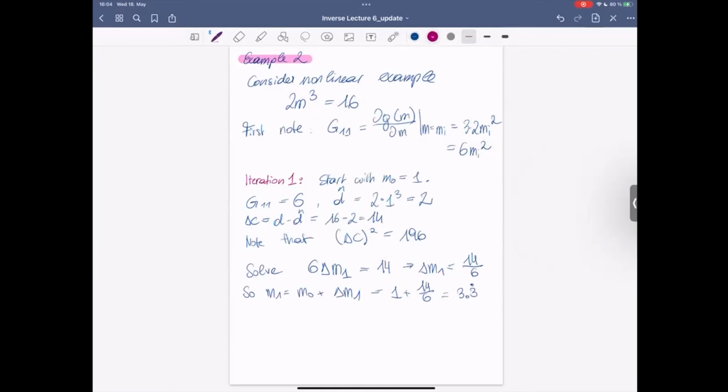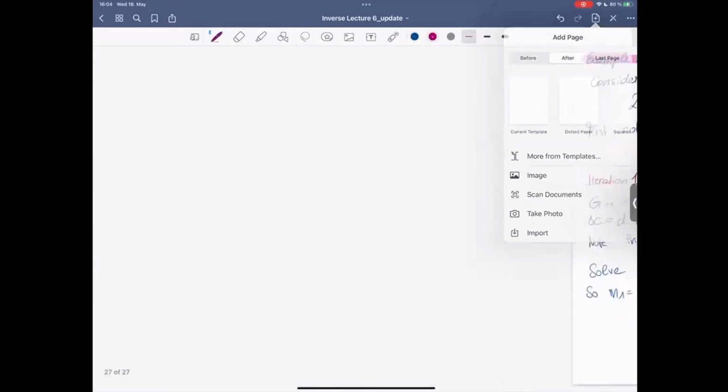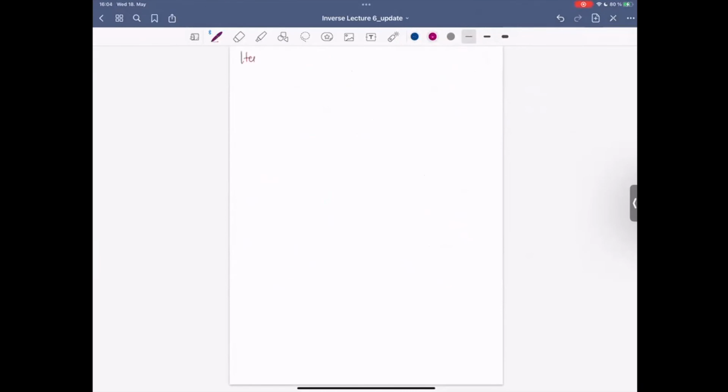Okay, let's continue with iteration 2. Again, our G equals 6 times M squared, so this equals 66.6 periodic.